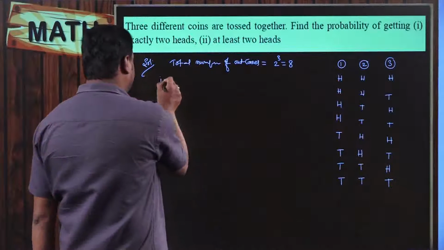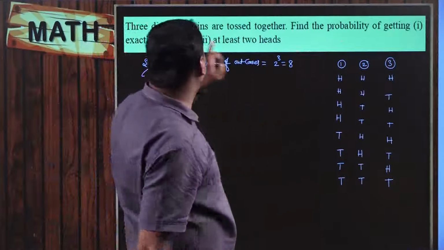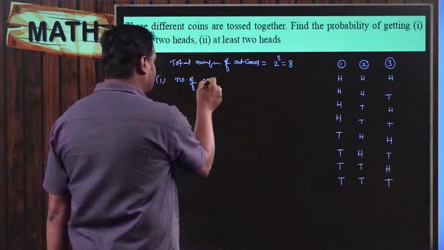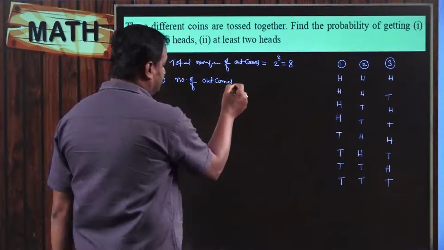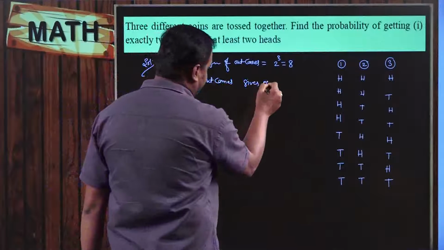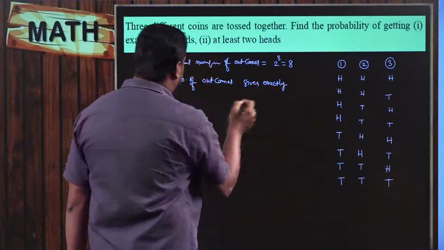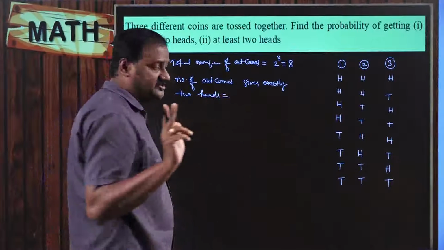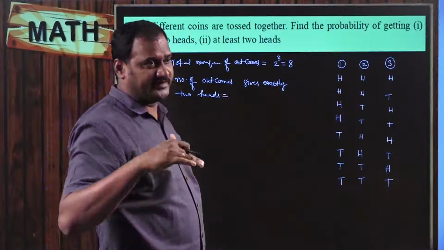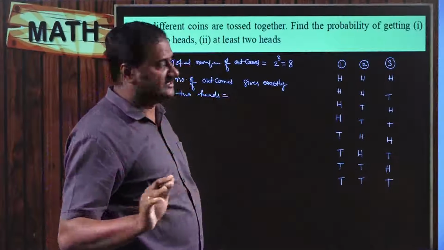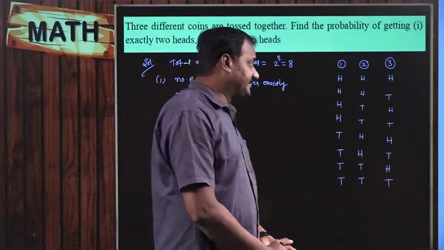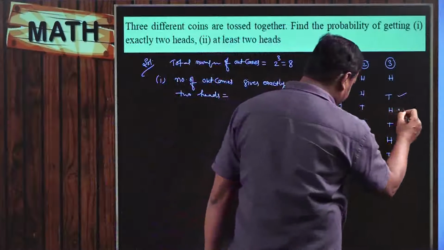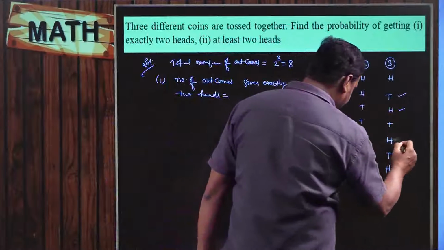See, according to the first information, what is that? Probability of getting exactly 2 heads. Number of outcomes that give exactly two heads. Understand? It should not be more than two heads or less than two heads. Where can you find exactly two heads? See, head, head, exactly two heads are there in this, and here also you have exactly two heads. And here also you have exactly two heads.